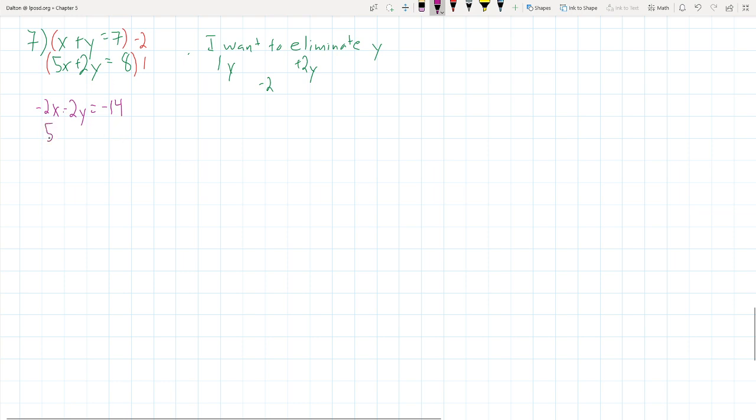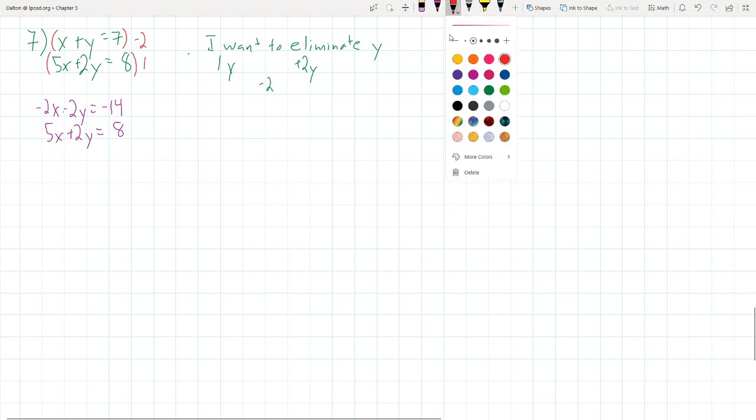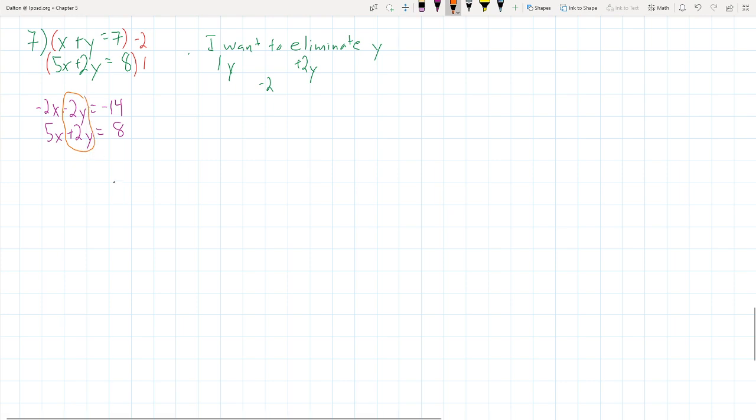And I have 5x plus 2y equals 8. So now I can start solving this, and I can see right here, these y's are being eliminated.